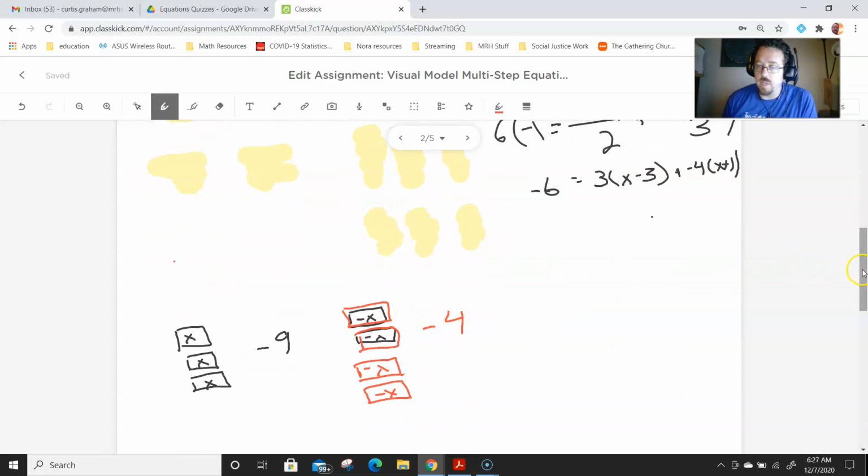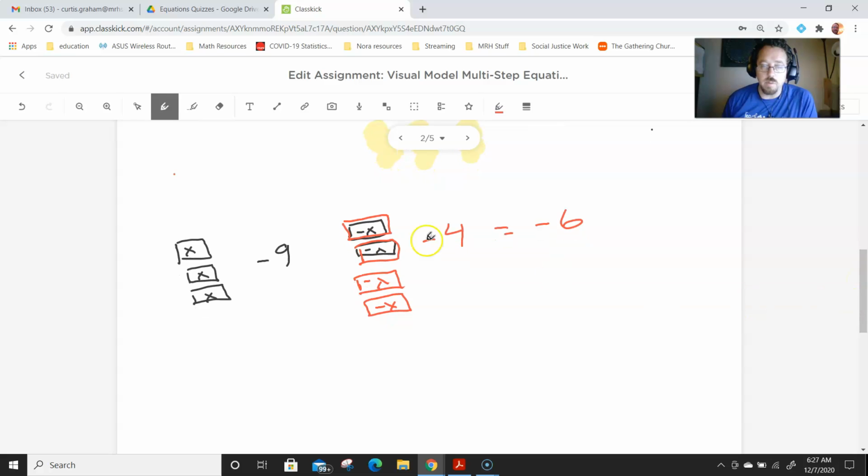Okay? And that's going to be equal to negative 6. All right, so now we just kind of keep going through our work that we've been doing before. Positive and negatives cancel out. So we'll use purple for that. So those are going to cancel out. Those are going to cancel out. Those are going to cancel out. Negative 9, negative 4 is negative 13.